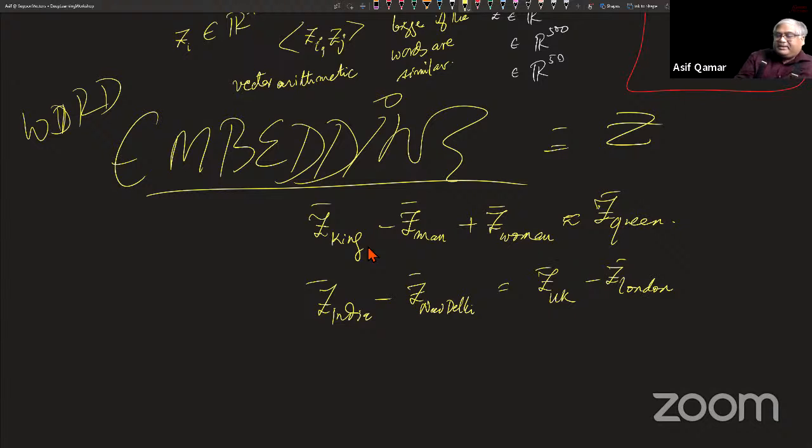Do you see? So what it means is that in the vector space, somehow you have some words, India and New Delhi, and then you have two words which are UK and London.